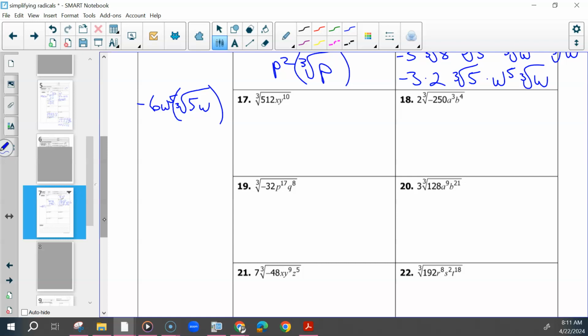Let's try 18. I'm going to bring the negative out first, and then break everything down. Is 250 a perfect cube? No. Find the highest perfect cube that would go into 250.